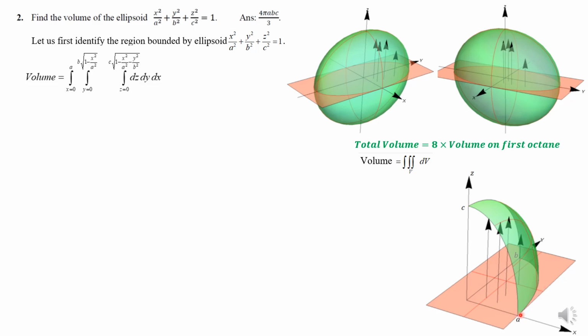So how will you integrate? You will integrate in one direction first. I have chosen here to integrate in the y direction first. In the y direction, integration will be done from this particular line up to this curve. I'm going slow here because this is a point where you have to understand.